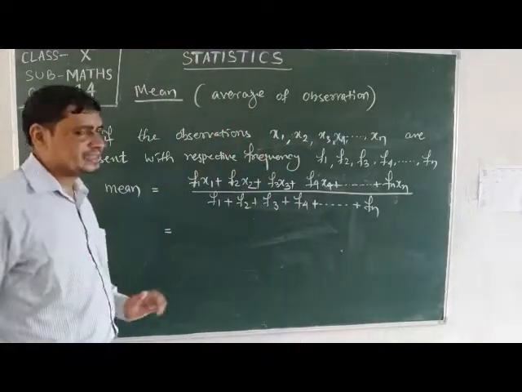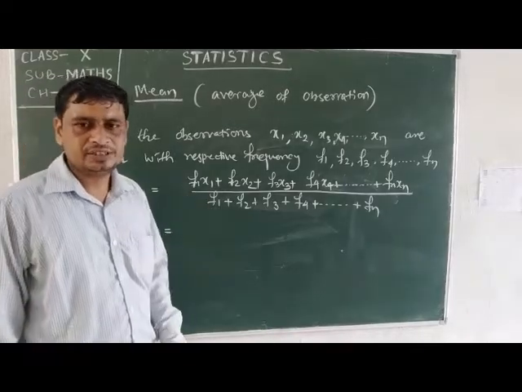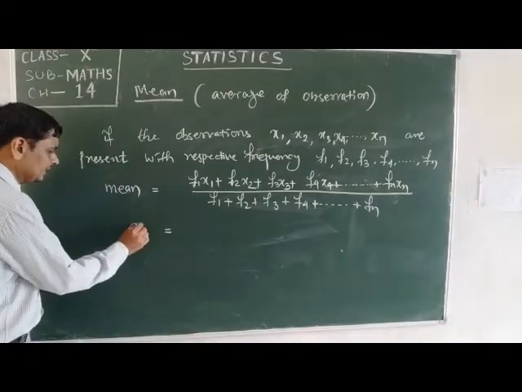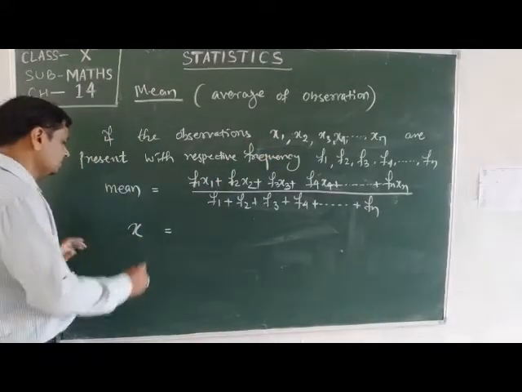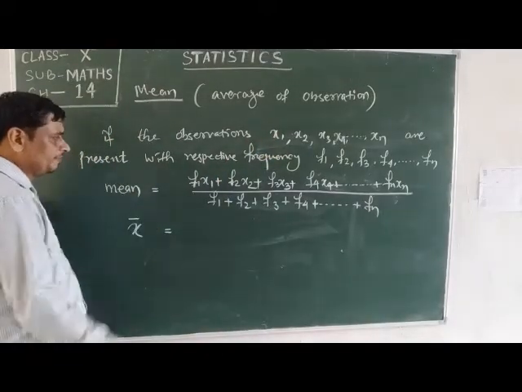Or simply we can denote it as mean. If the observation is x, then the mean of the observations is x bar.